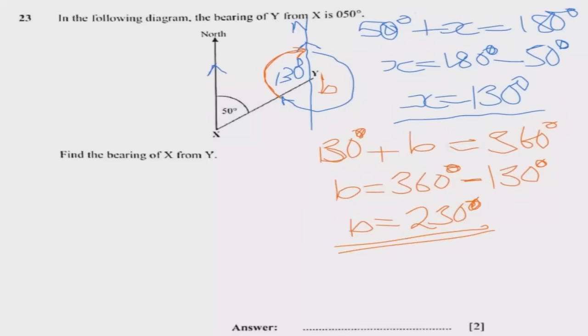So the bearing of x from y is 230 degrees. We can even write it here. That is the first bearing we have found.